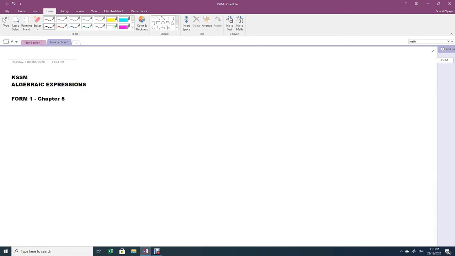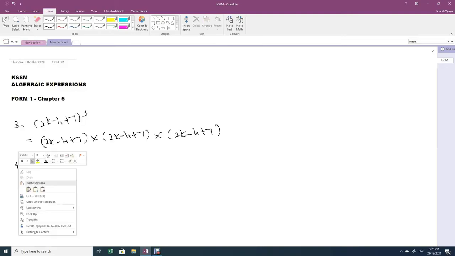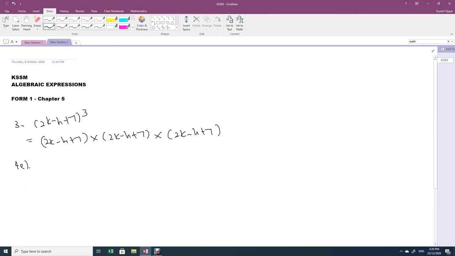So let's move to another question, question 4. I pick 4E, which is, rewrite back the question: 2 minus 8f times 2 minus 8f times 2 minus 8f.